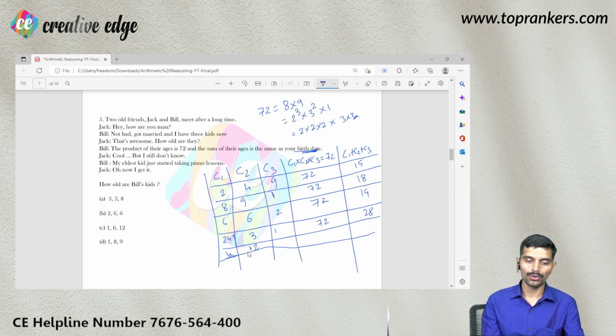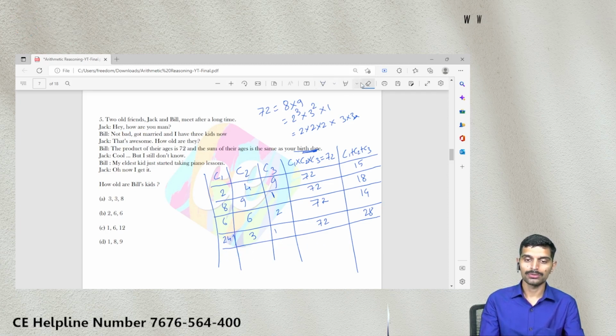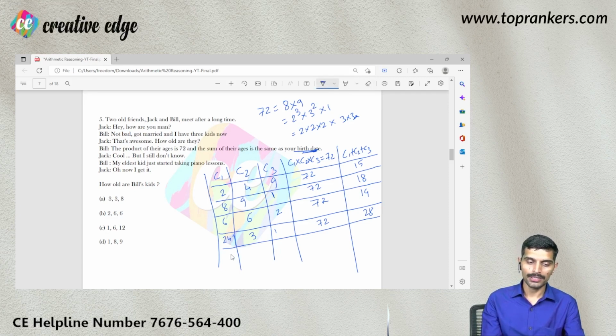So 4 into 12 is 48. 48 into something will not give me 72 because the age has to be an integer. So that is not happening. But yes, I can have 6, 12, and 1. That is 72, and the sum will be 19.